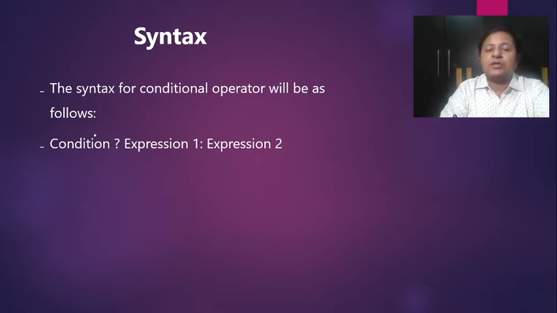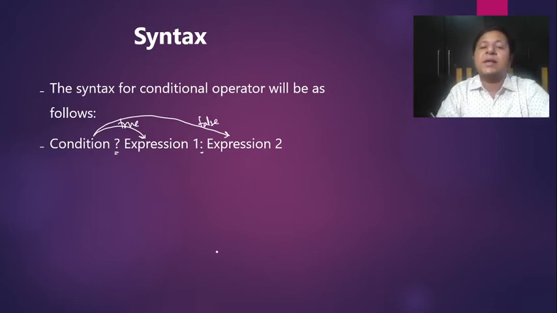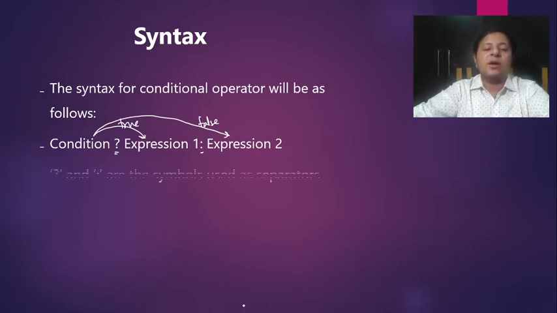If the condition is true, it goes for the expression after the question mark, which we can term expression 1. If the condition is false, it goes for the expression after the colon, which we can term expression 2. You will see that in the further points.